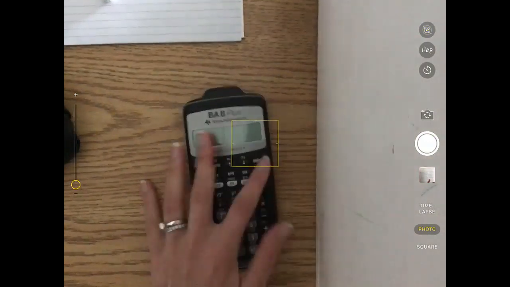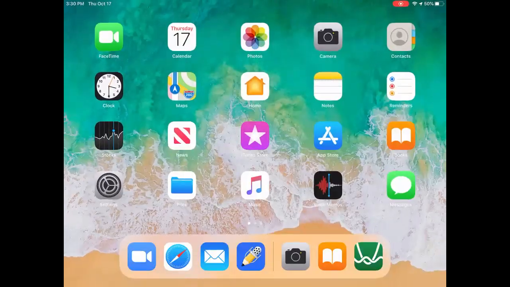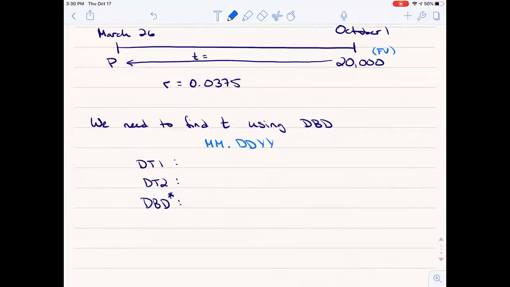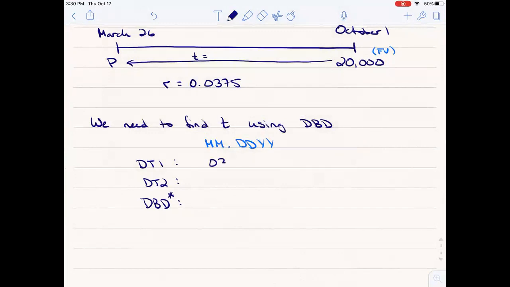Oh, I guess I forgot to write out what my month, dot, day, day, year, year should be. The first date is month 03, so 03.26, and then I'll pick this year. Pick any year.